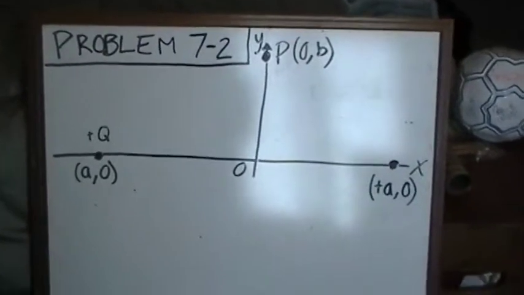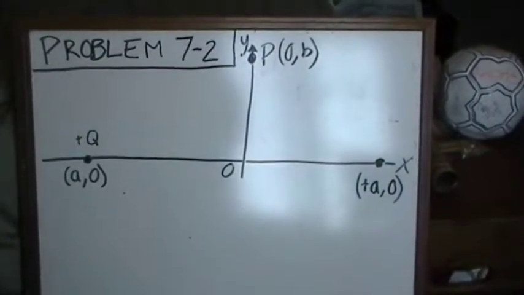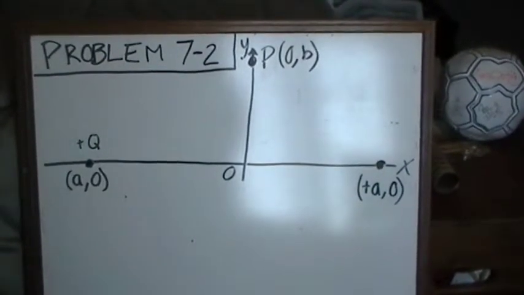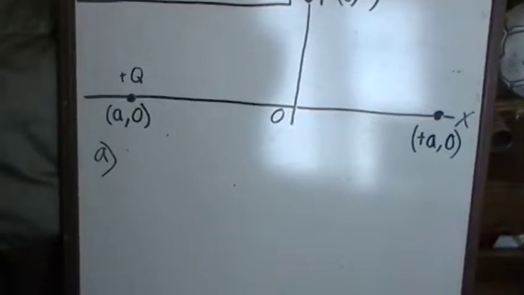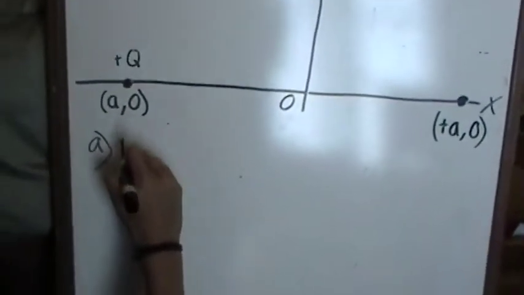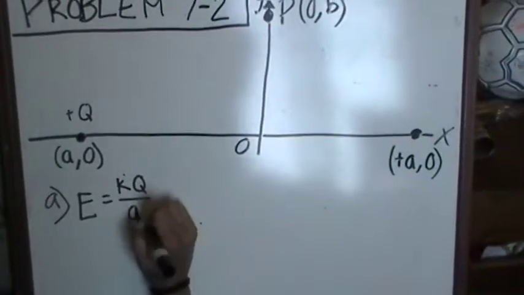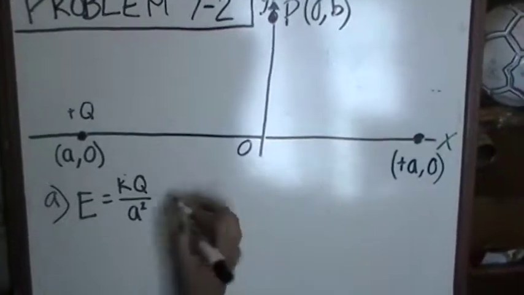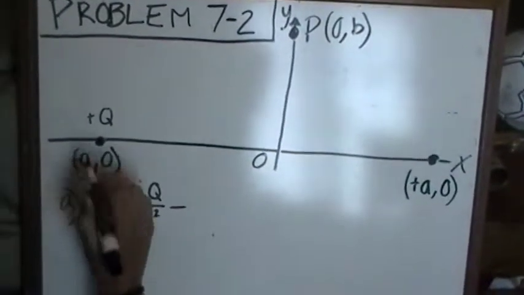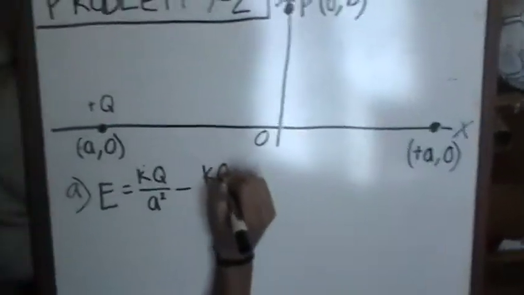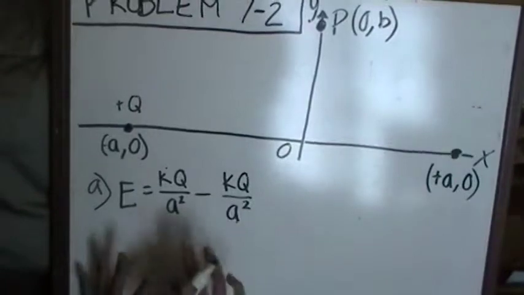been attached to. Two equal positive charges Q are fixed on the x-axis, one at positive A and the other at negative A. Point P is a point on the y-axis with coordinates 0, B. So, first thing we need to do for part A is find the electric field at the origin, or point O. So, E equals KQ over A squared, minus KQ over A squared, because that's on the negative x-axis.